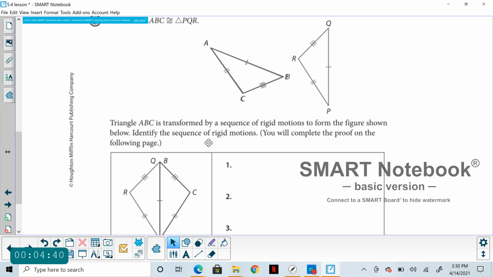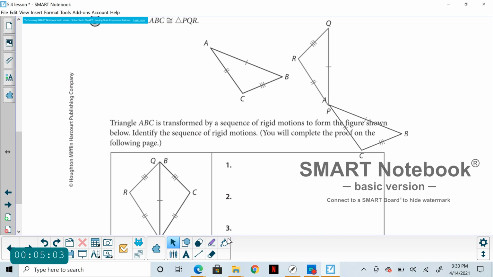And the proof's on the next page, but let's do the sequence of the motions. So if we were to take a copy of ABC and translate it, use a rigid motion and move it so that A lines up with P. So if we were to do that, it would come down here and it would line up like this.